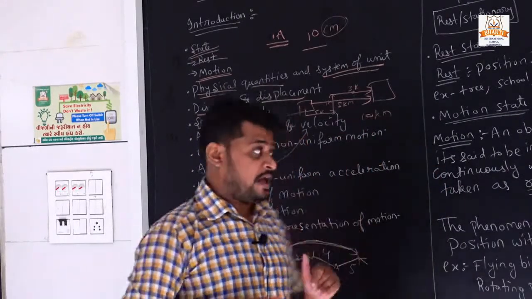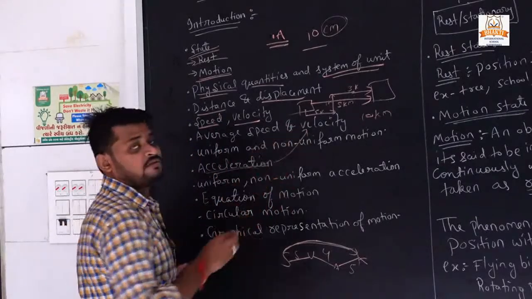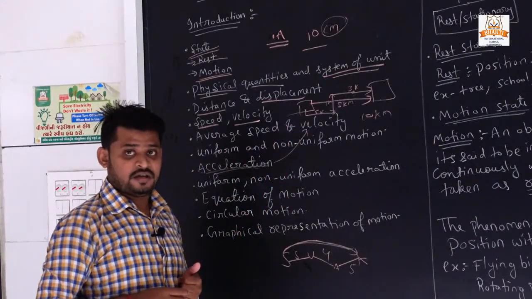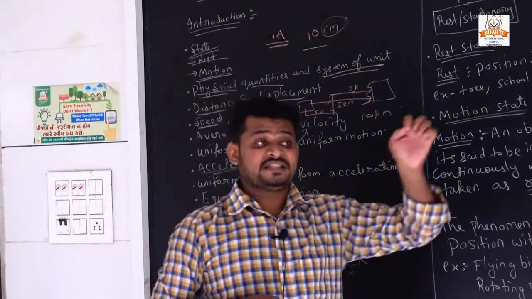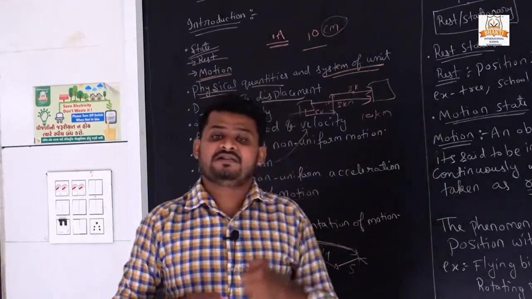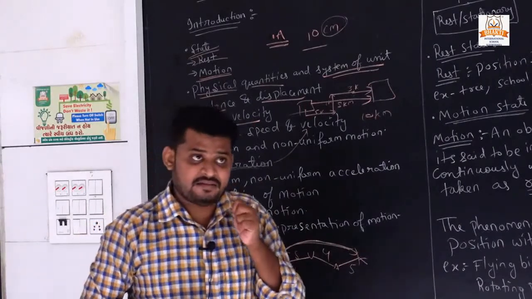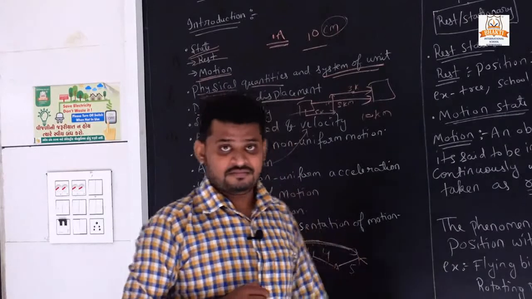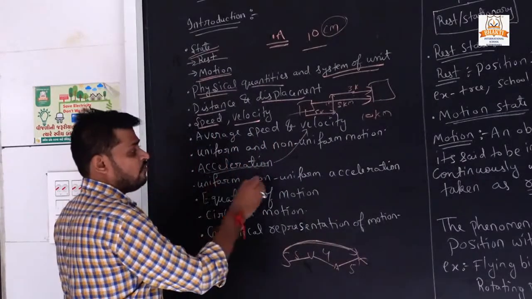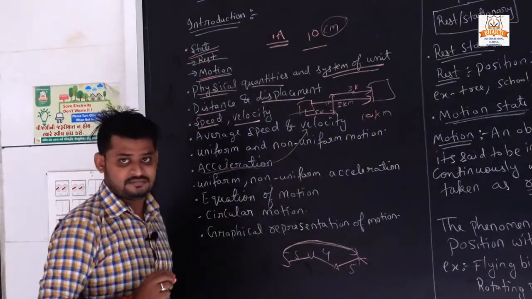No, acceleration totally depends on velocity. There are two types of acceleration: one is increasing velocity and one is decreasing velocity. The increasing is called acceleration and the decreasing is called retardation. Then uniform and non-uniform acceleration.